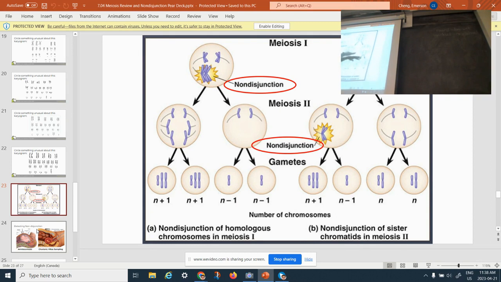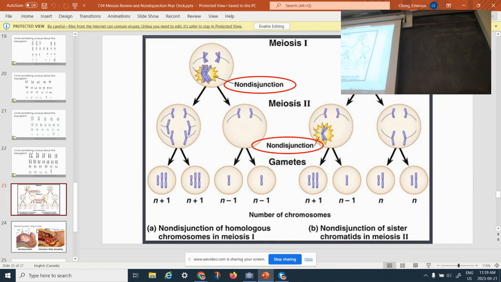Or in anaphase 2, if the sister chromatids are supposed to split but don't, then 1 out of 4 gametes will have an extra chromosome and 1 out of 4 will have 1 less chromosome. But if it happens in anaphase 1, all 4 gametes will be affected, with either an extra chromosome or a missing chromosome.